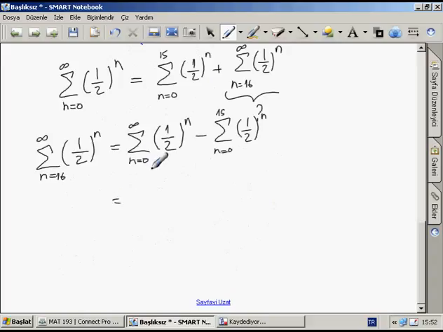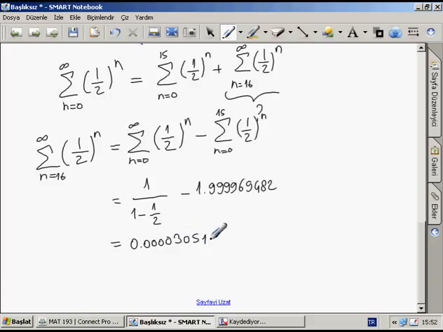and we know that this part is 1 over 1 minus 1 over 2, and the second part will be 1.999969482. Okay, so that's equal to 0.00003051.